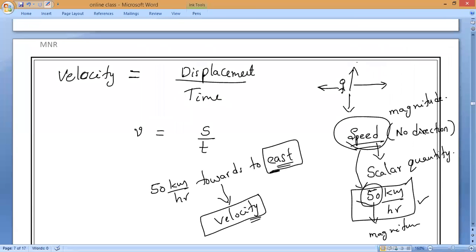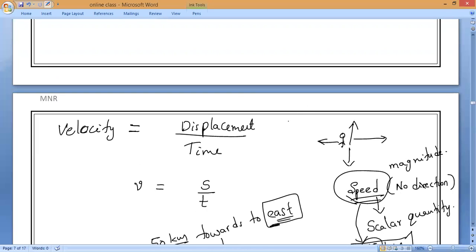That is the major difference between velocity and speed. Both formulas are the same kind: for velocity we say displacement by time, but for speed, speed is equal to distance by time. Clear? Distance by time.